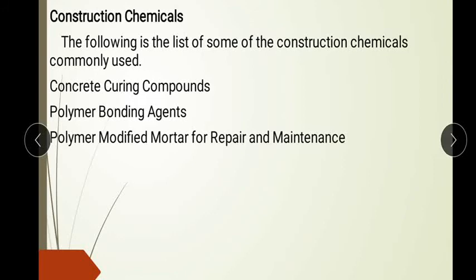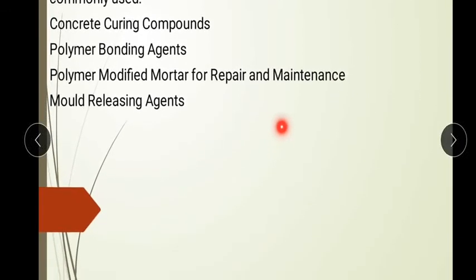Next one, polymer modified mortar for repair and maintenance. The same as the previous one: for maintenance or repairing, whenever a crack has formed, to control the extension of the crack, by using the grouting technique we can insert those chemicals into the concrete and reduce the effect or extension of that crack.